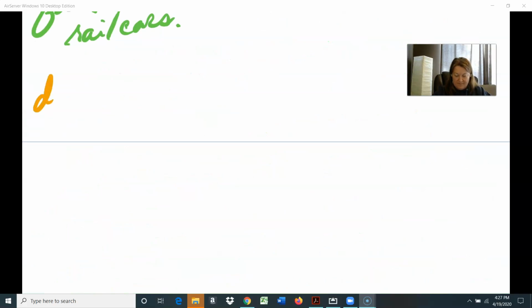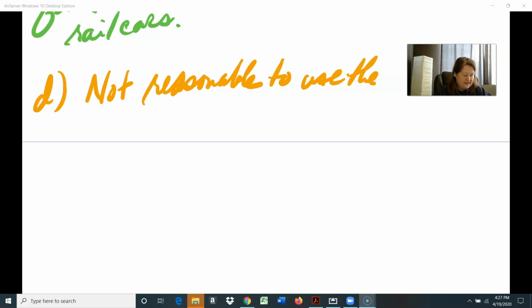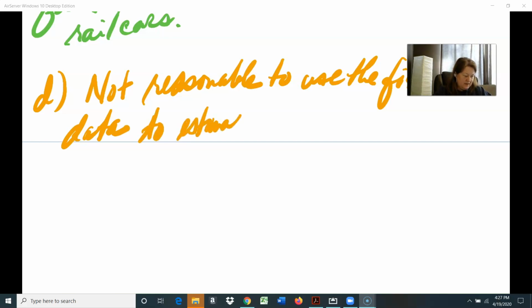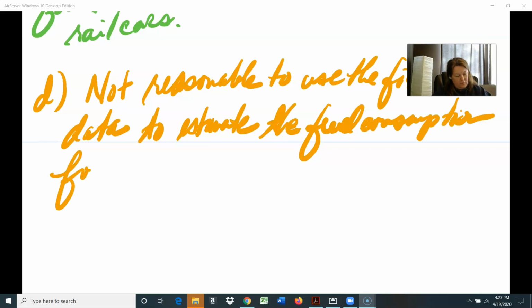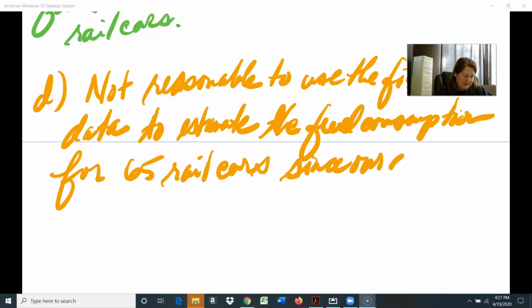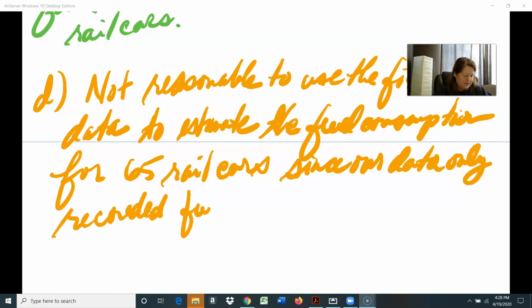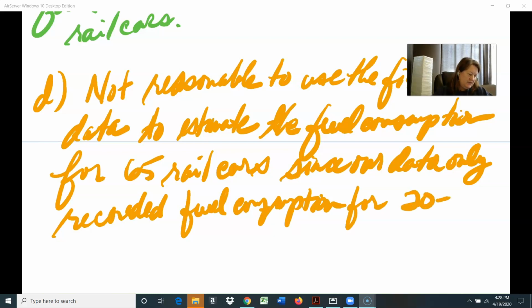So lastly, in part D, I would say it is not reasonable to use the fitted data to estimate the fuel consumption for 65 rail cars, since our data only recorded fuel consumption for approximately 20 to 50 rail cars.